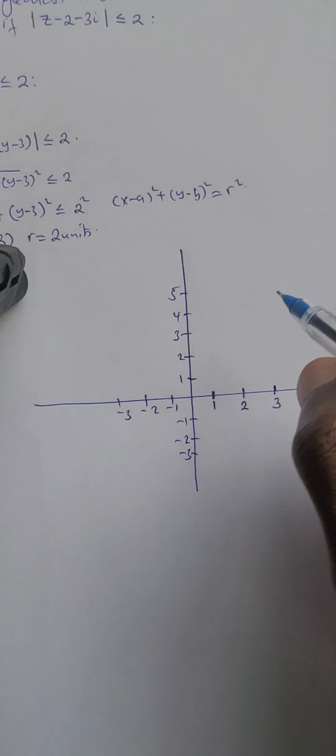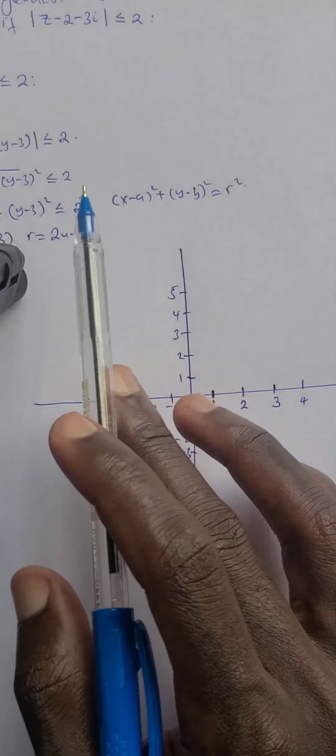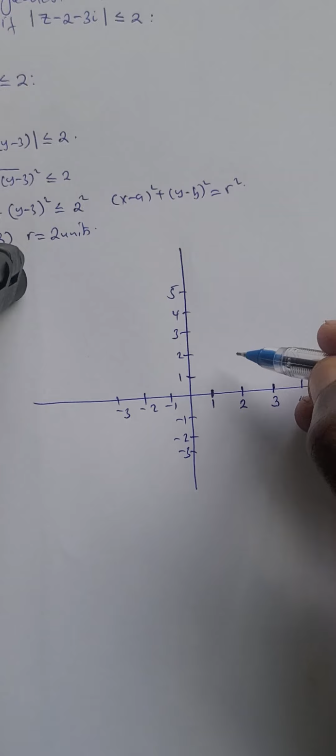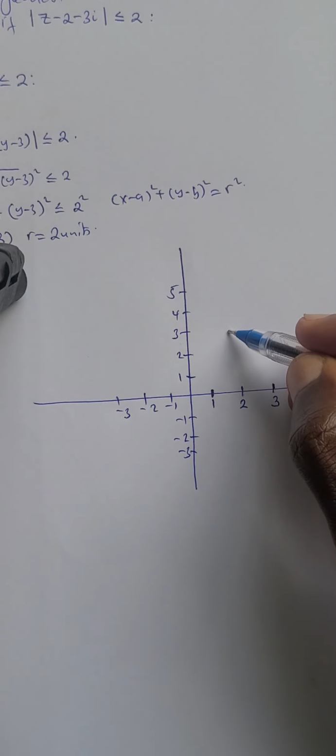So now I start by putting my center, which we saw was (2, 3). So I put my (2, 3) here.